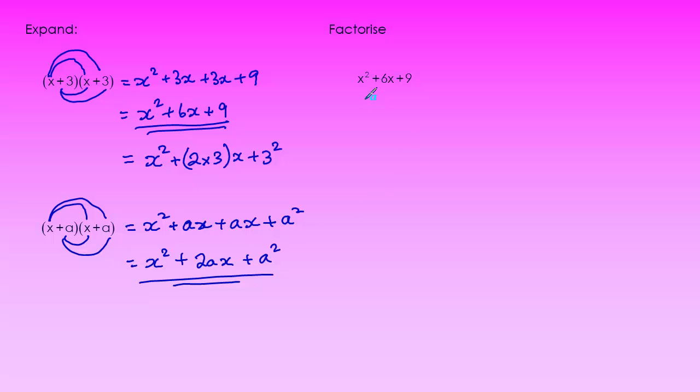And if we look here, this one is x squared plus 2 times 3x plus 3 squared. And we know that because we saw it over here. But we could spot another one like this.